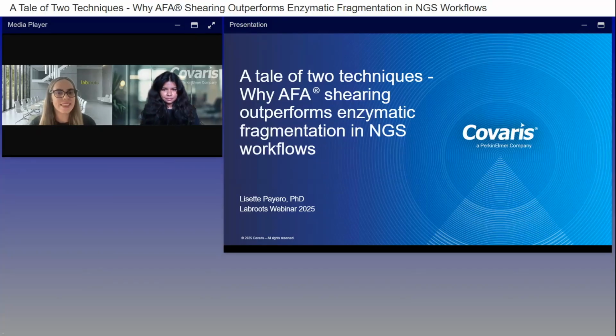Sure, that's also a great question. Thank you. So we do have a range of ultrasonication instruments depending on the needs of your lab. When we talk about the cost of AFA, I think it's really important to take a holistic approach that includes the cost benefits of your sample processing being improved.